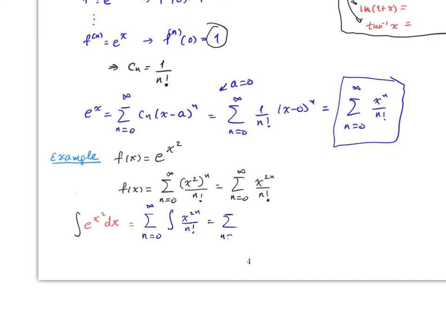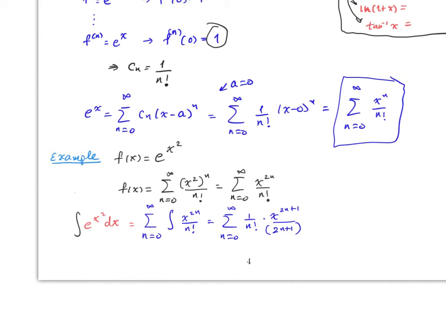So this will be the sum from n equals 0 to infinity of 1 over n factorial, and then x to the 2n plus 1 over 2n plus 1.